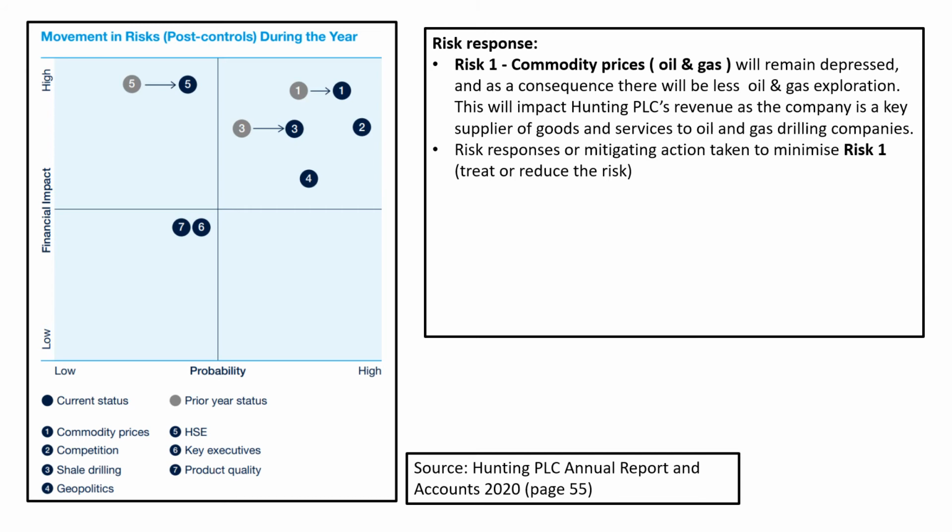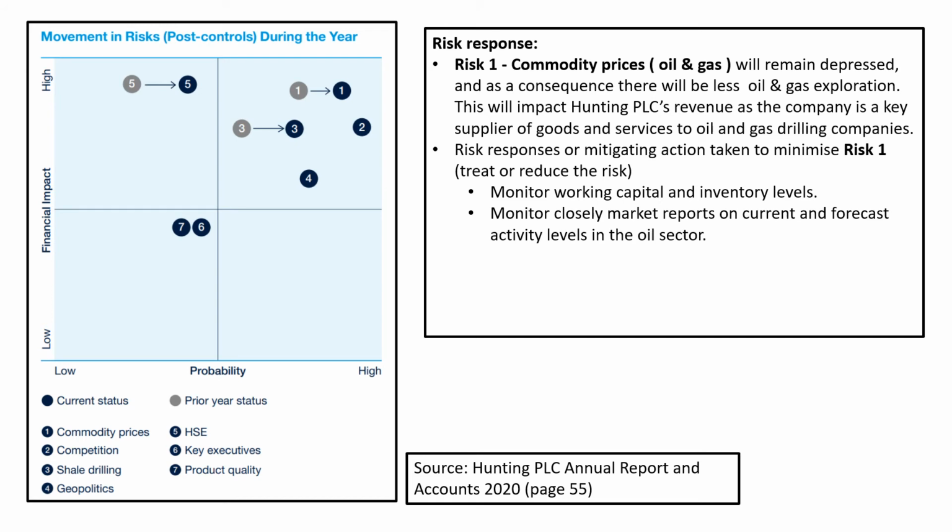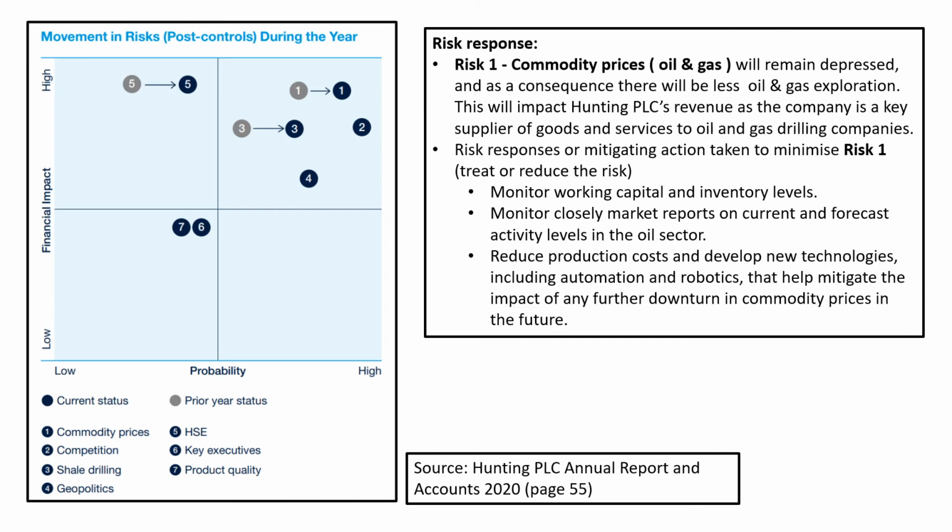Mitigating action or risk responses taken to minimize risk 1, which is to treat or reduce the risk, would be, for example, to monitor working capital and inventory levels, monitor closely market reports on current and forecast activity levels in the oil sector, reduce production costs and develop new technologies, including automation and robotics, that help mitigate the impact of any further downturn in commodity prices in the future.